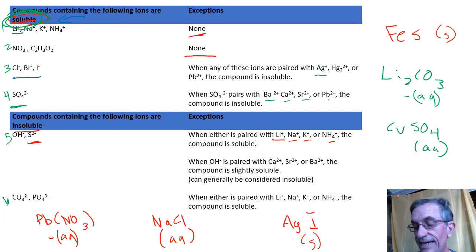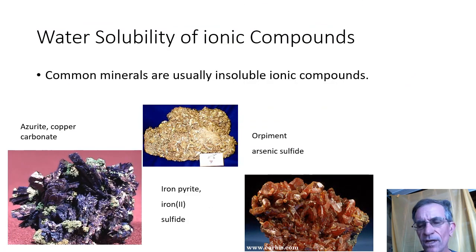Okay. So as we wind this up, let me just mention a couple of things here. When we think about ionic compounds that don't dissolve, those are basically rocks. Most ionic compounds, if they don't dissolve in water, will stick around even when it rains. A lot of these tend to be minerals or rocks.